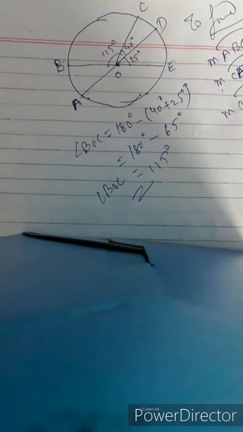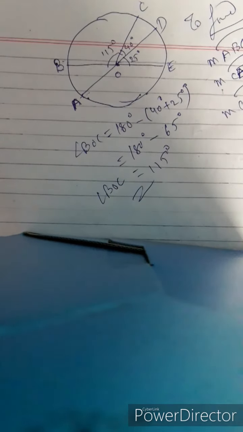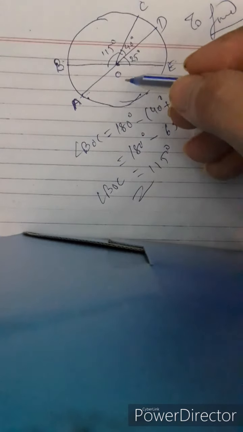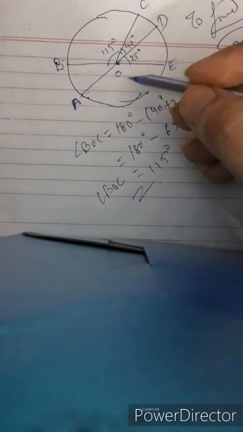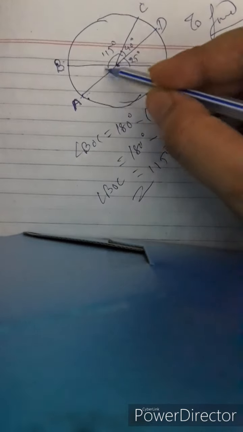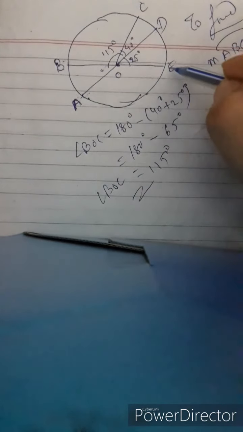We know AOD is a diameter and BOE is a diameter, so angles AOB and DOE are vertically opposite angles, so they are equal.